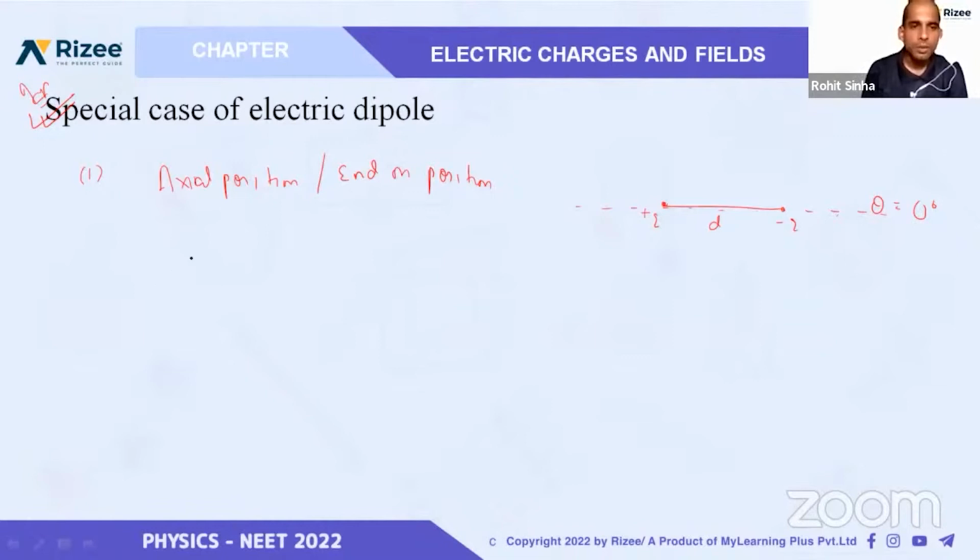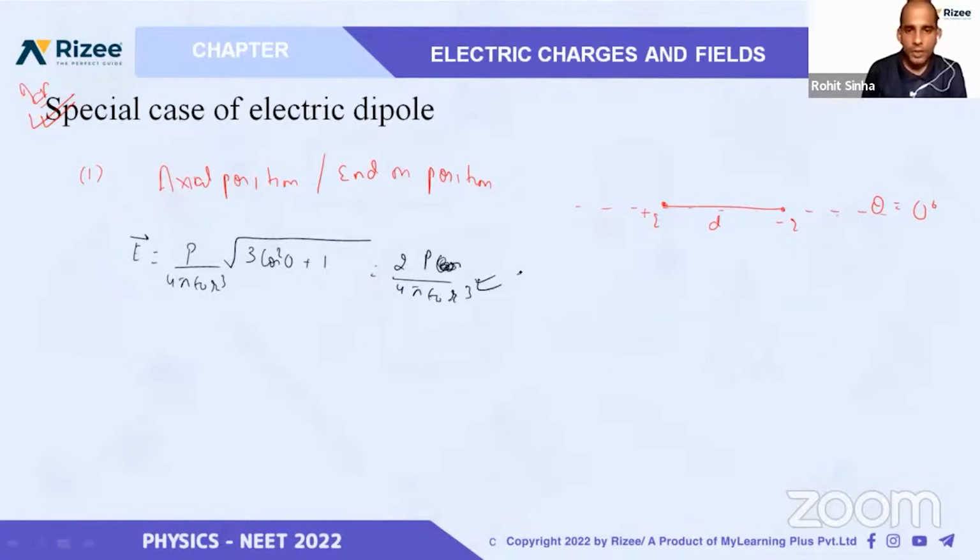Okay, now for the axial position, we can write E. What will be E? E will be p by 4 pi epsilon naught r cube under root 3 cos square theta plus 1. With cos square 0 being 1, we get 1 plus 3, which is 4 under root... giving 2p by 4 pi epsilon naught r cube.